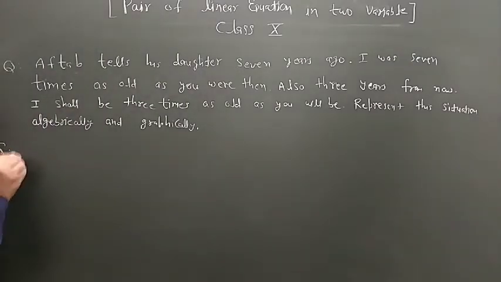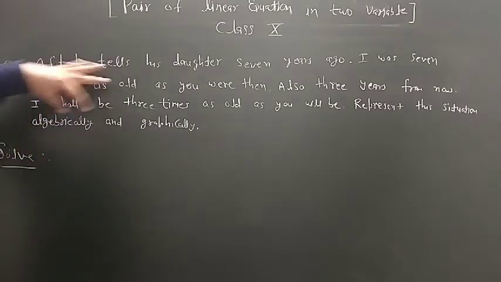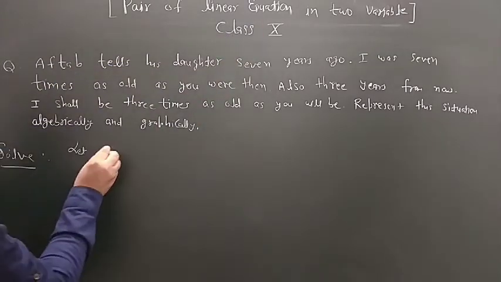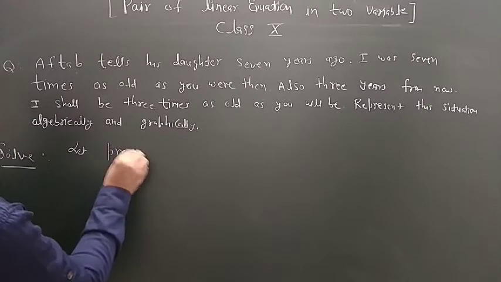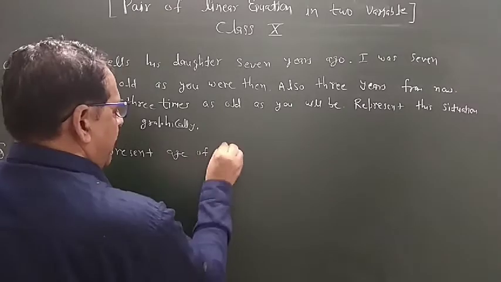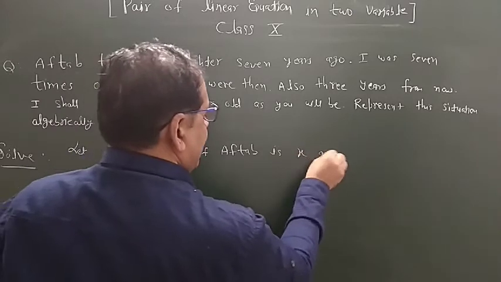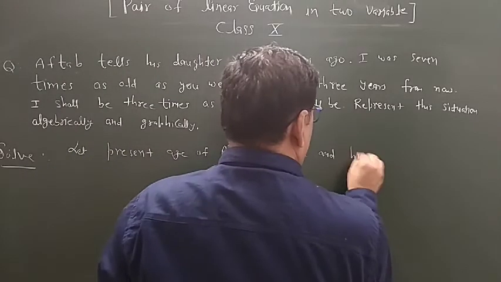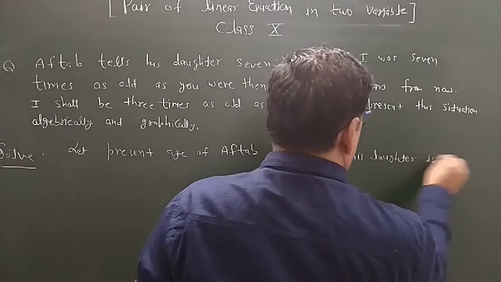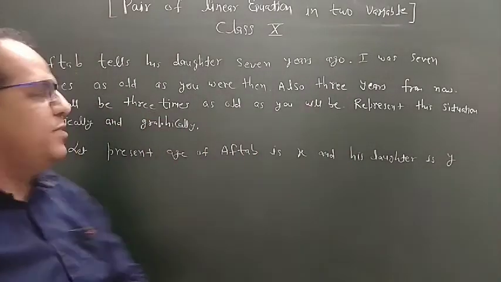The first solution of the question: we will form the algebraic form of these linear equations in two variables. Let the present age of Aftab be x and his daughter's be y.